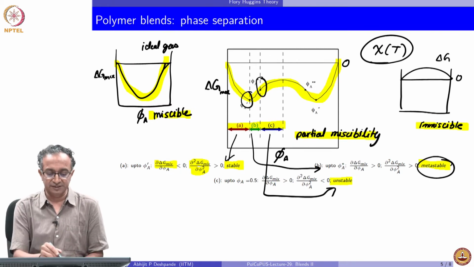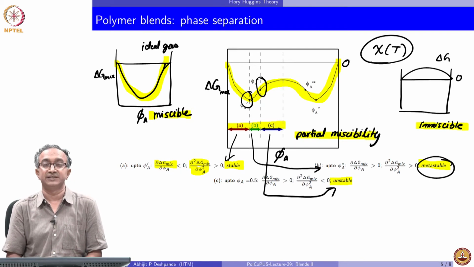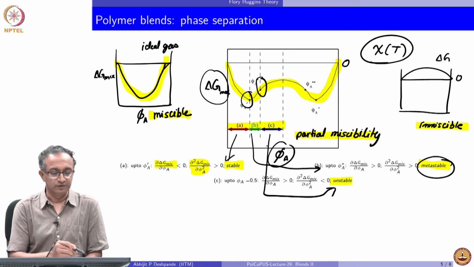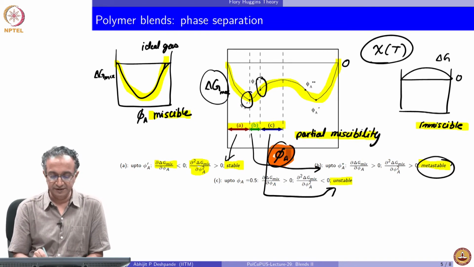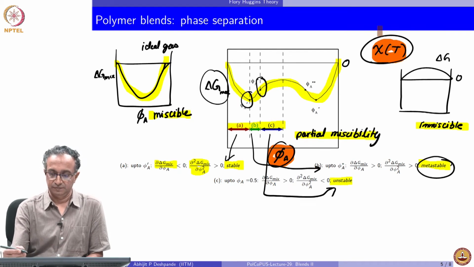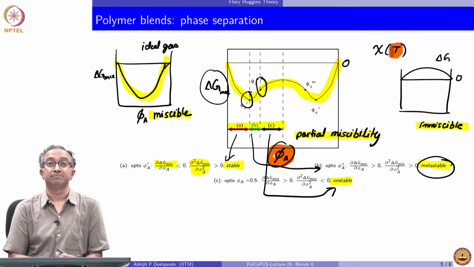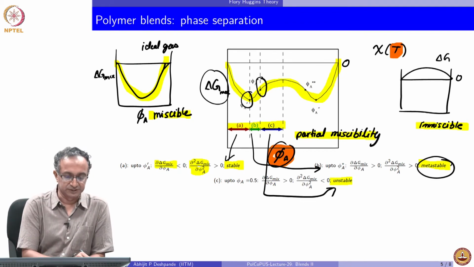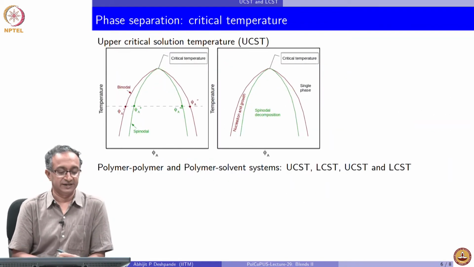So we can plot this information from this diagram. Instead of plotting it with delta G and phi, we could plot it with respect to phi and temperature, and this is called the phase diagram in terms of temperature and composition.